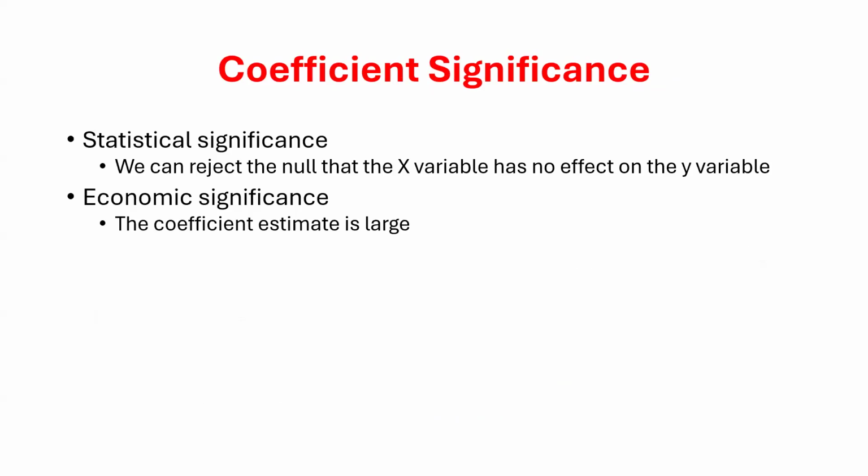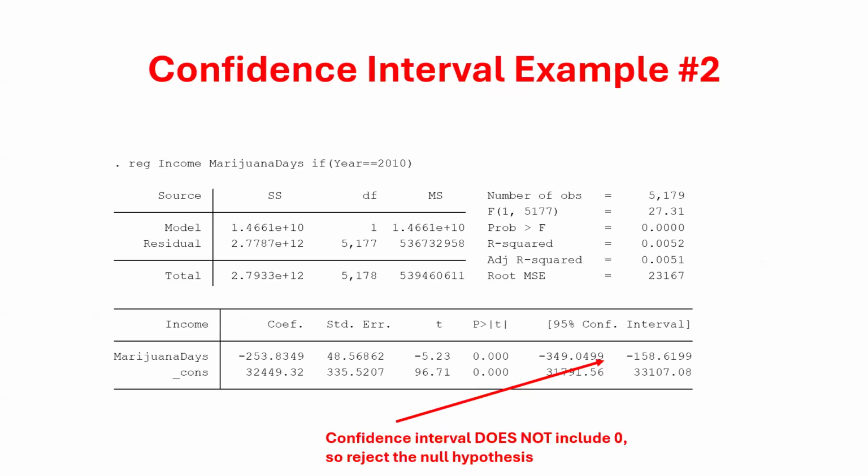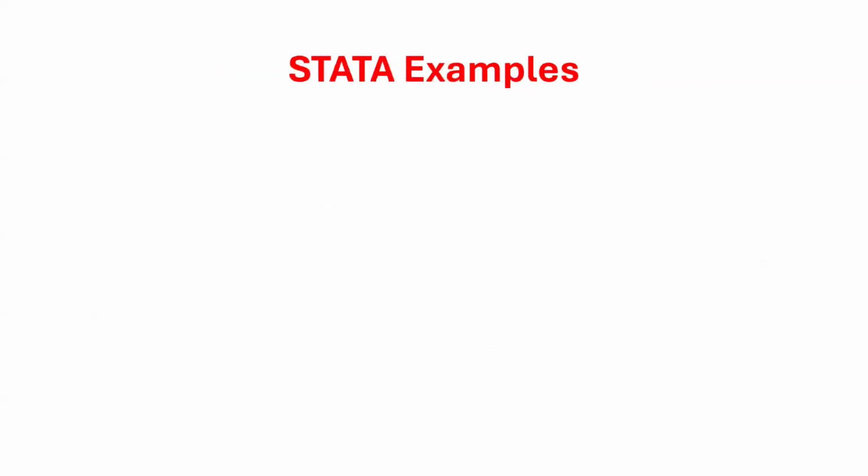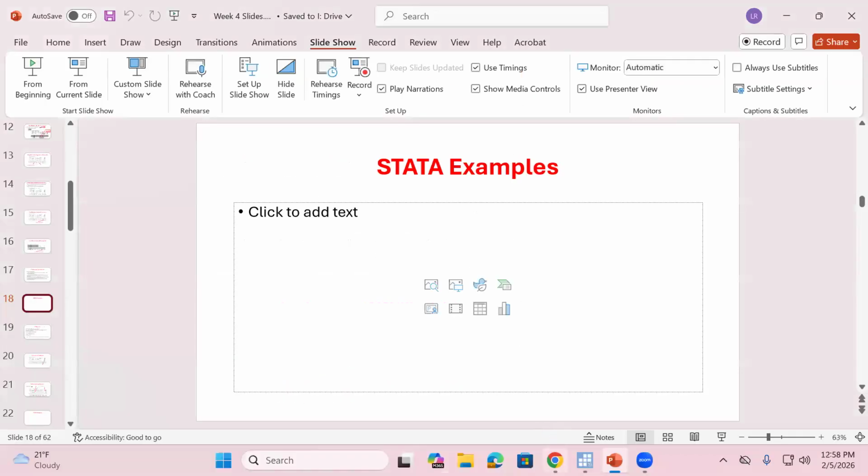If this was annual earnings, a loss of $250 for every day you use marijuana, is that much? No, it's not the highest economic significance. It's statistically significant, right? But it's a relatively small value in terms of the percent of someone's income. Okay. So let's start to think about how we do this in Stata.